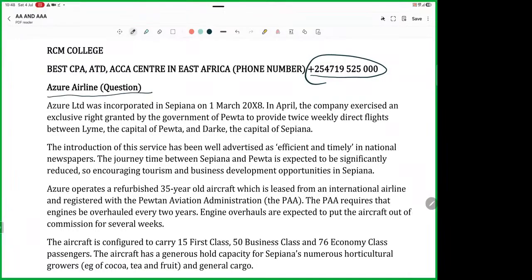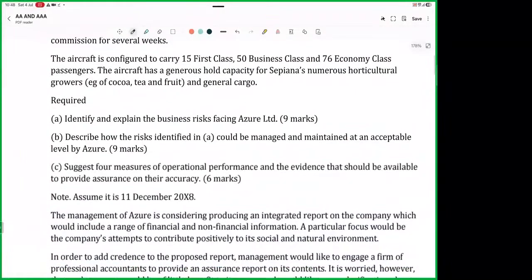Very intense question. You shall always start these kind of questions by reading the requirement. So the requirement: they want us to identify and explain the business risks facing Azure Limited, 9 marks.